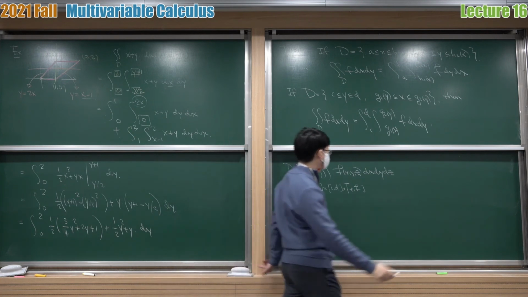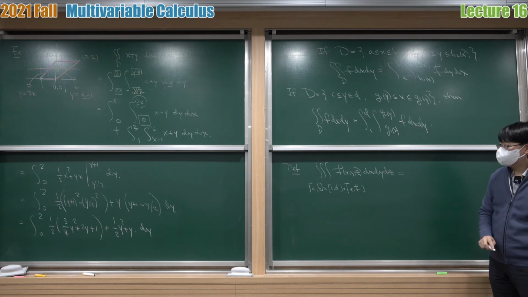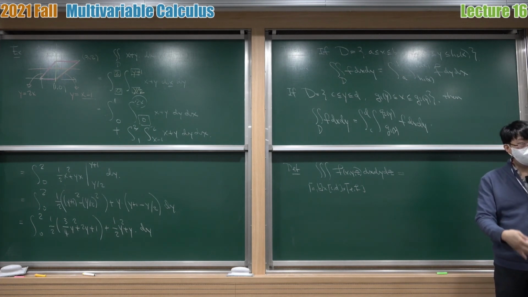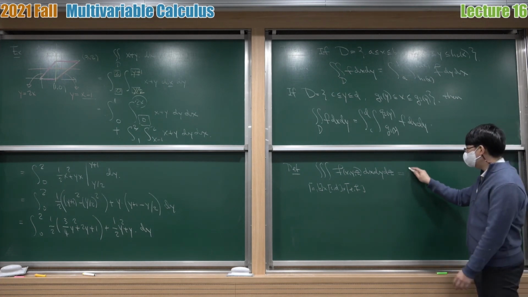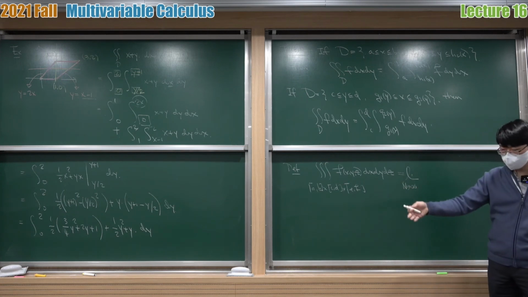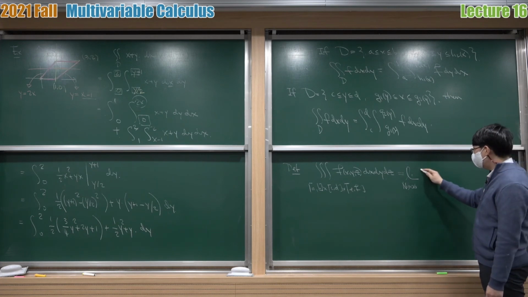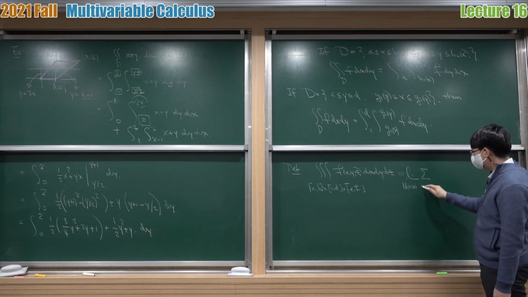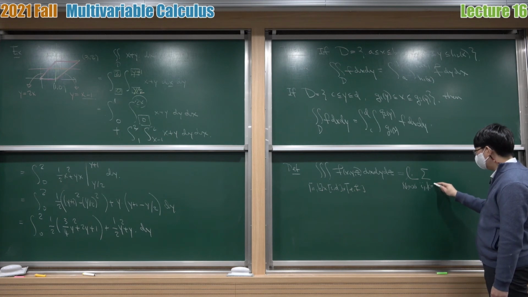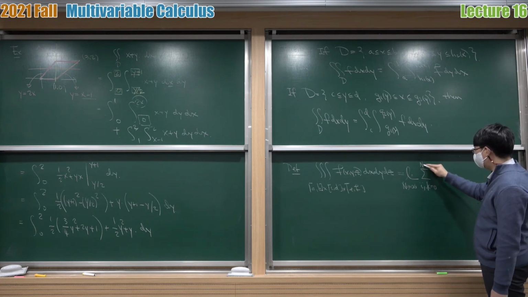Now, I'm going to define the integrability the same way. This is how it's defined. You take the number of subdivisions, let it go to infinity, and you sum over i, j, k from 0 to n minus 1.